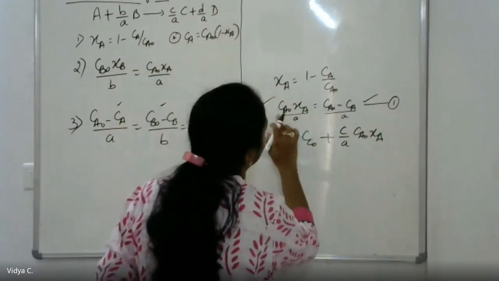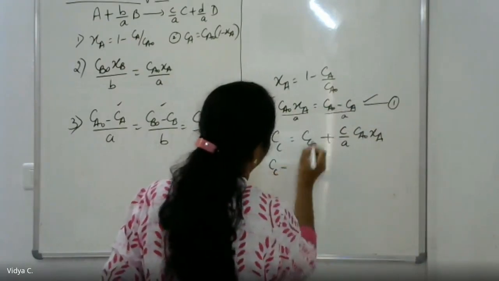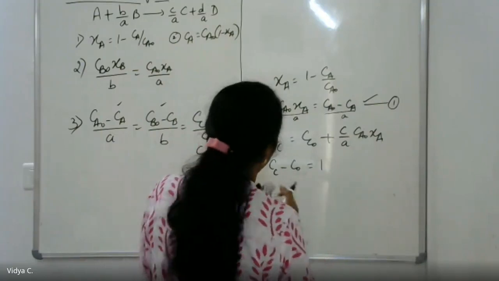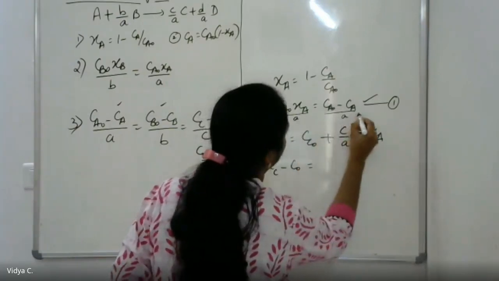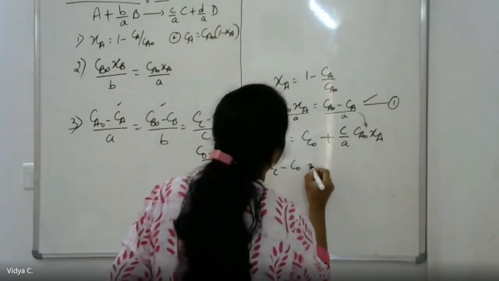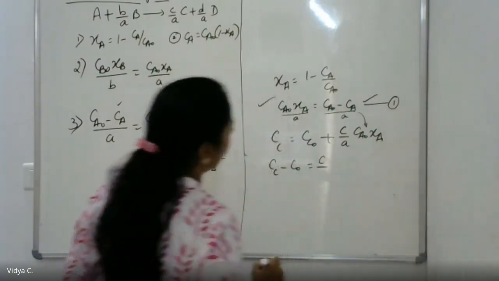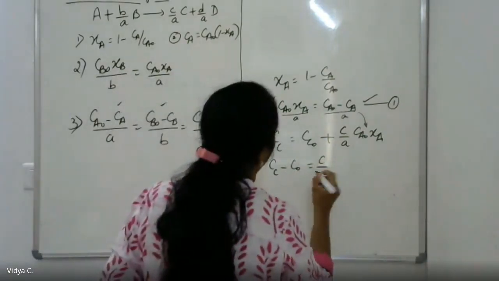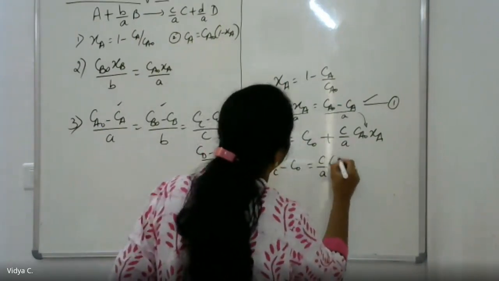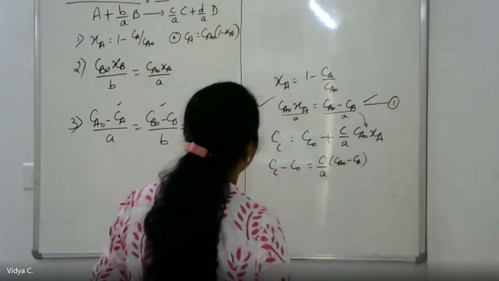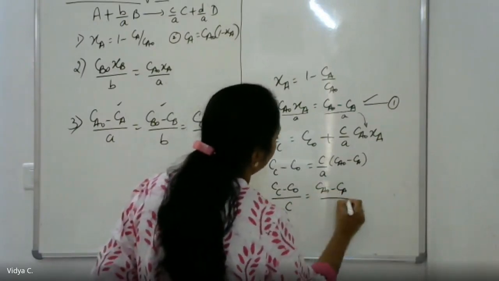The CA naught XA by A can be written as CA naught minus CA by A. So CC minus CC naught by C will be equal to CA naught minus CA by A.